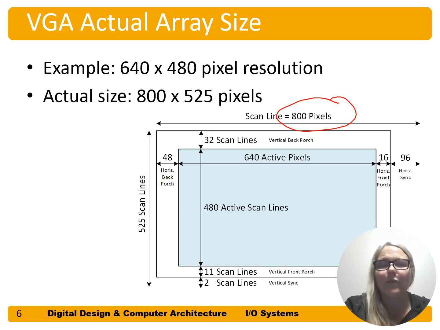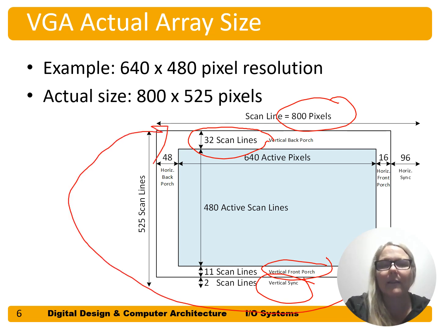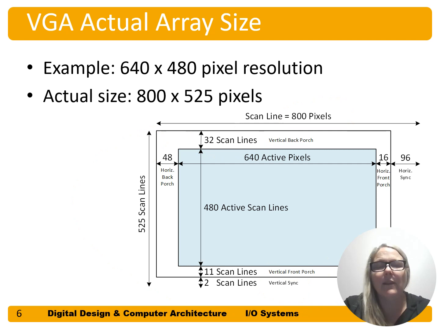And then same thing for vertical. We also have a vertical back porch, a vertical front porch, and vertical sync, so that when we get to the bottom corner, it has time to go back to the top corner to start displaying. And so the back porch and front porch are not displayed on the screen.